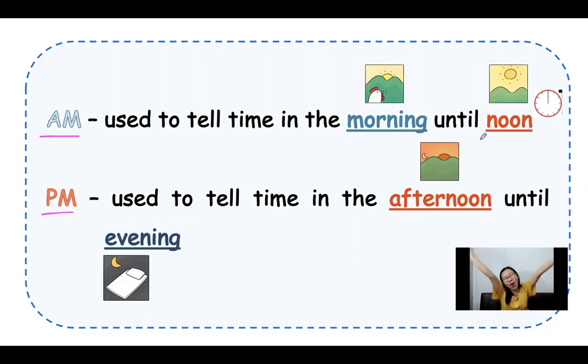Good morning. Morning until noon. Noon is 12. When the long hand and shorthand point at 12, we eat lunch. That is noon. And then PM, afternoon until night, evening, and night.